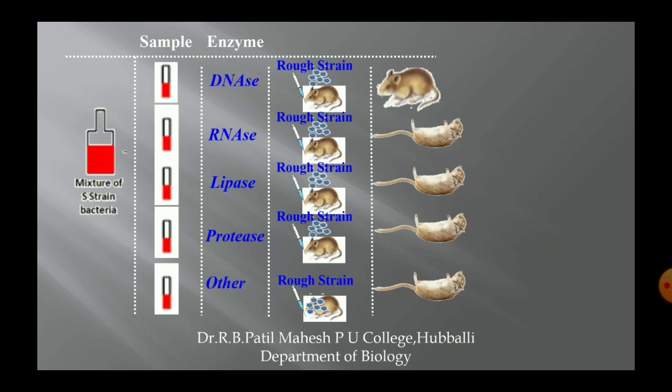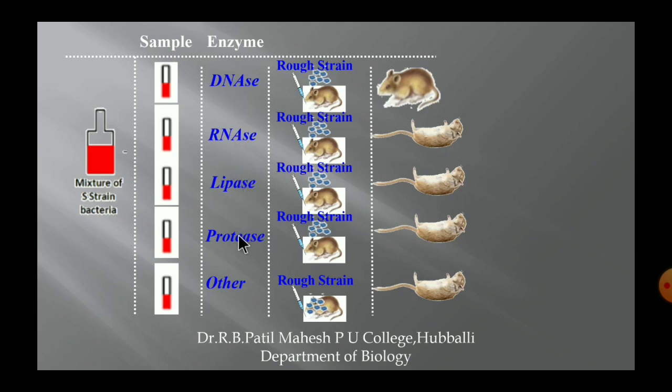The extract from heat-killed S cells is treated with various enzymes: DNase, RNase, lipases, proteases, and other enzymes. Look at here. In the first case, the DNase-treated mixture is injected into the mice and the mice survived. You don't find any transformation because the DNA was digested with the help of DNase.